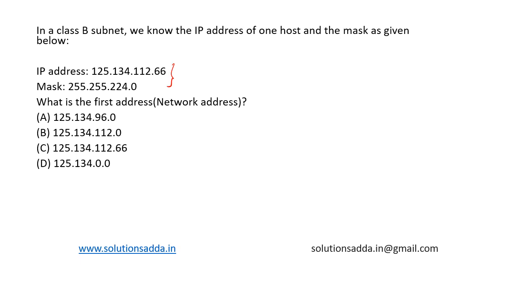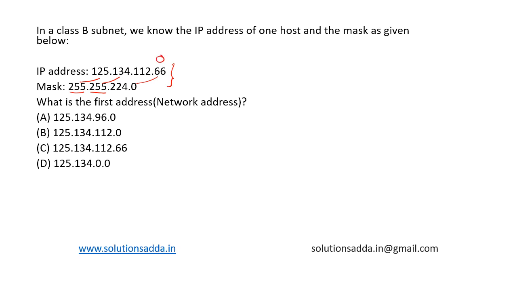Now, since we are performing bitwise AND operation, we need not perform it for this octet and this octet, because since it's all ones, we will directly get these two values. Also, another important point is that for the last octet, since this is 0, we need not perform bitwise AND operation because this would return 0.